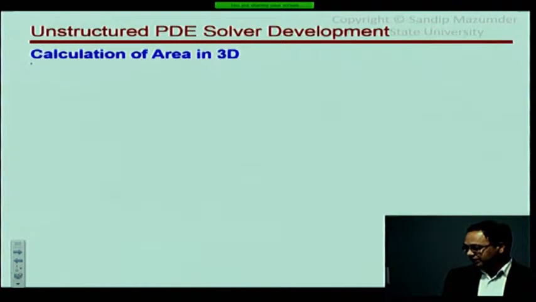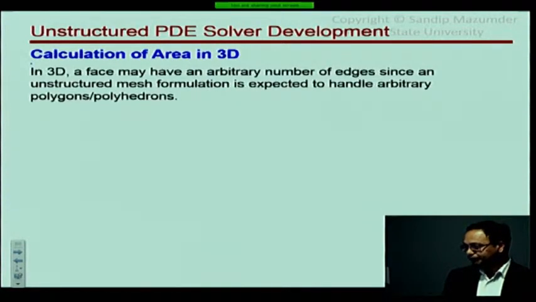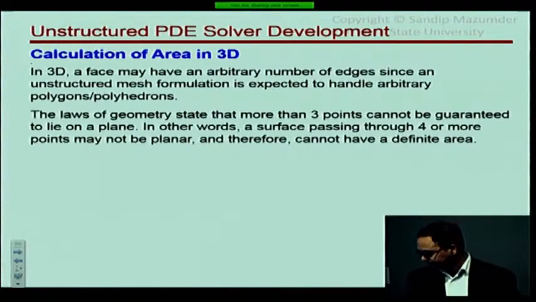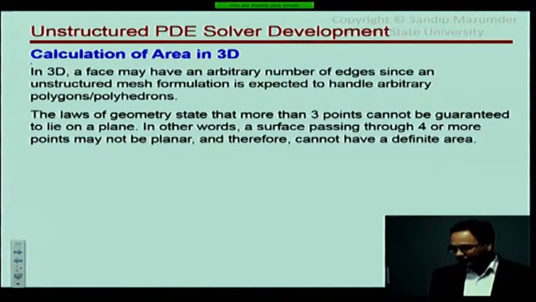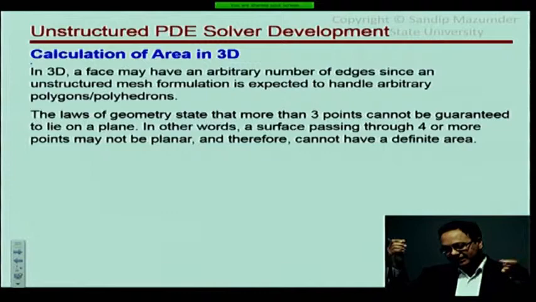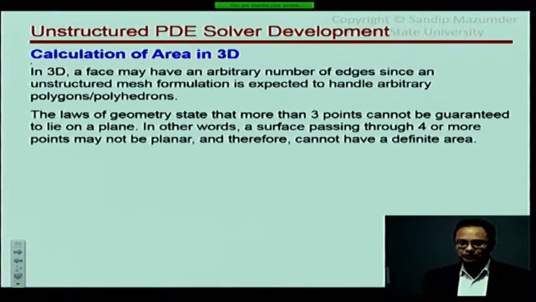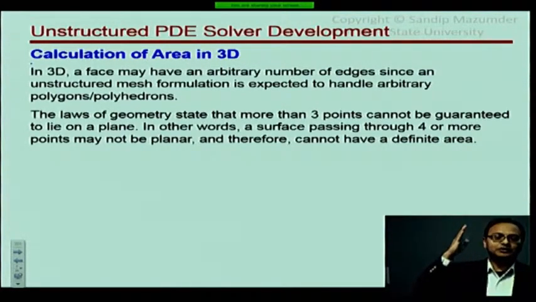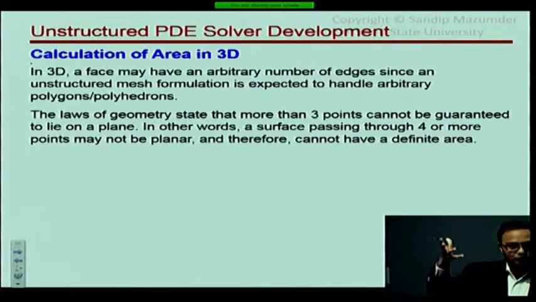So that's pretty straightforward. Let's talk about 3D now. In 3D, of course, you have a problem, and the problem is that if I have an arbitrary set of points, let's say, okay, now in 3D, of course, your control volume faces could be triangles, could be quadrilaterals, could be arbitrary polygons.